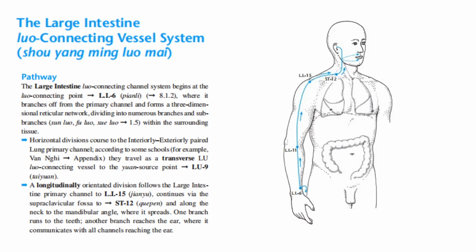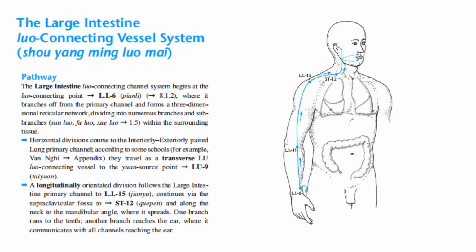Horizontal divisions course to the interiorly-exteriorly paired lung primary channel. According to some schools, they travel as a transverse lung Luo-Connecting vessel to the Yuan source point, lung 9.